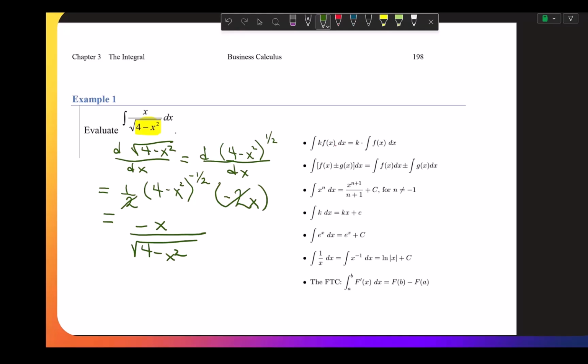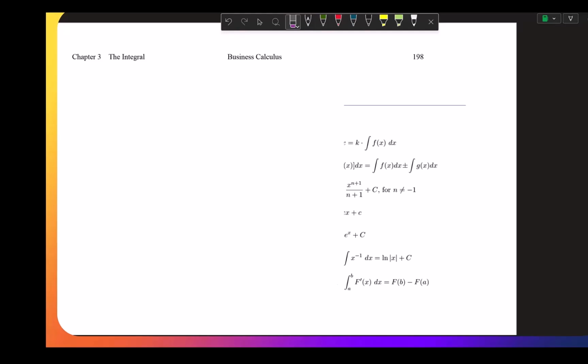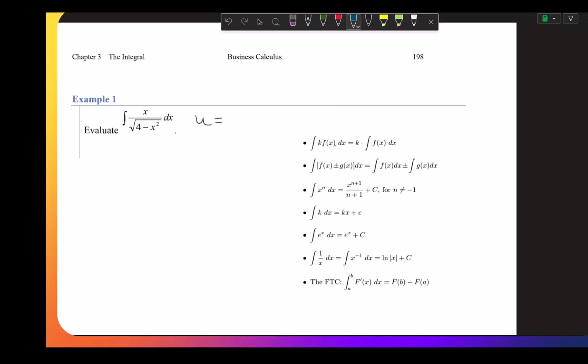Now that I have an idea of what's happening, this x is coming from the derivative of the inside function. I'm going to let u equal 4 minus x squared. The derivative of u with respect to x is equal to minus 2x. Also, I can solve for dx.